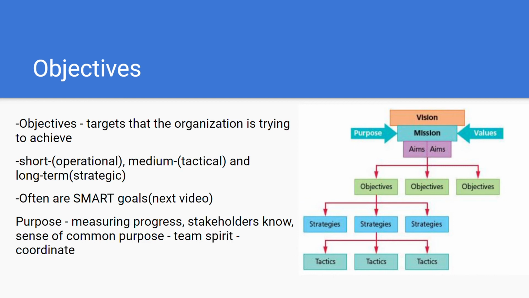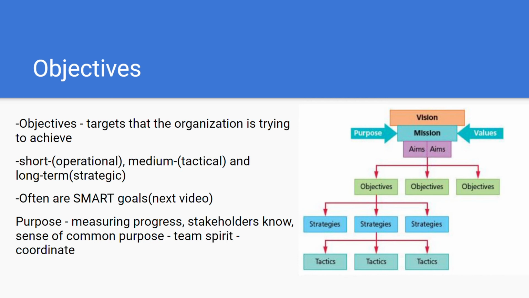There are short-term objectives called operational objectives, which are the day-to-day objectives for each employee. Then there are the medium-term or tactical objectives, which are more often departmental and sometimes go across departments. And then there are the long-term or strategic objectives, which are usually the big overlying objectives of the whole organization.